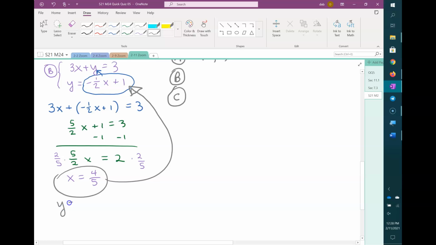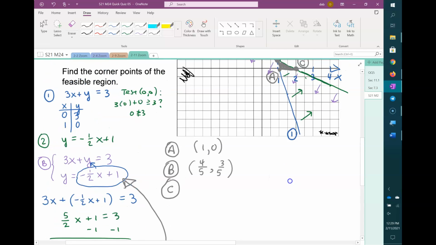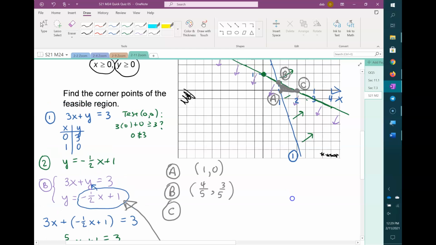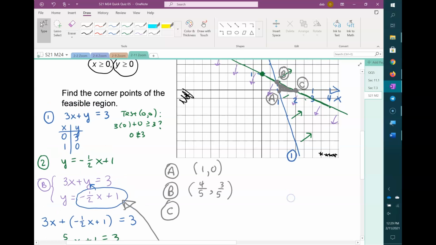So y is -1/2 times this x, the 4/5, plus 1, so that's going to be 3/5. So the point B is 4/5, 3/5. So that's our corner point. Let's see if that looks reasonable in the graph here. It's not a great graph, but that's pretty reasonable.